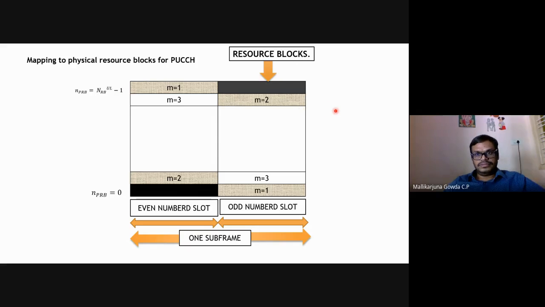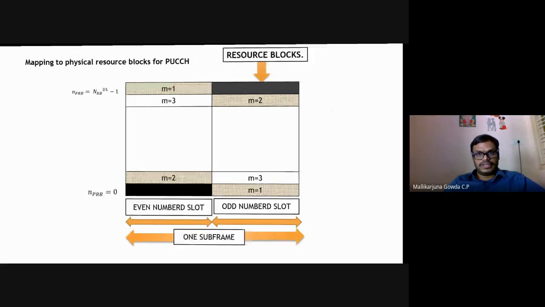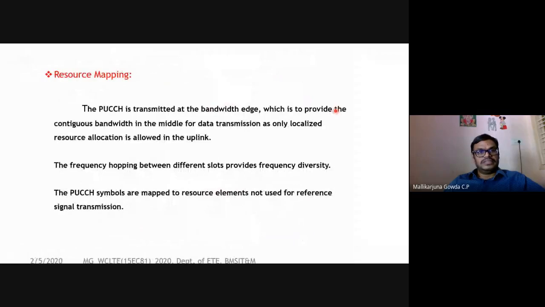So that's what I said. The physical uplink control channel is transmitted at the bandwidth edge, which is to provide the contiguous bandwidth in the middle for data transmission, as this uplink allows only the localized resource allocation. And in between, if you use frequency hopping between the different slots, that will provide frequency diversity.